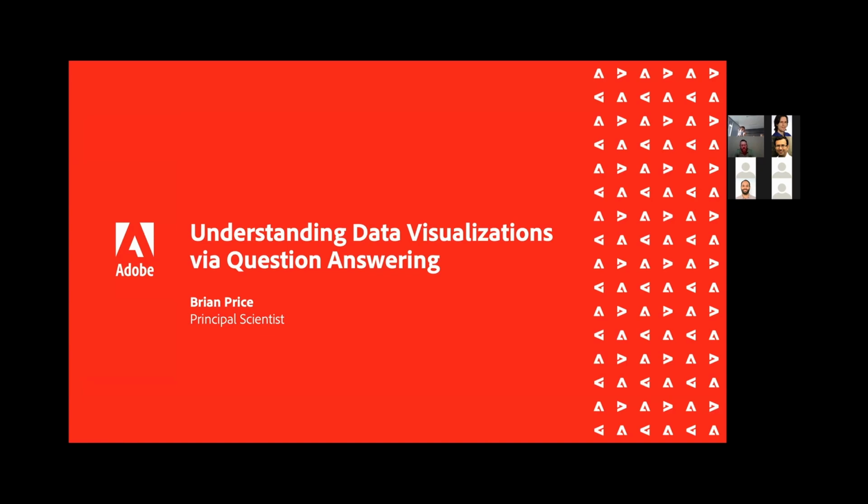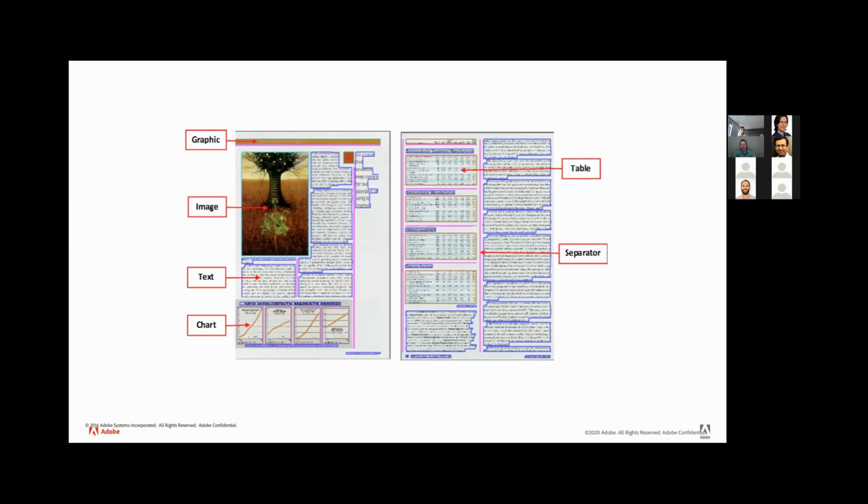So as you are, I'm sure, aware, documents can be pretty complicated. There are a lot of elements that can be in them, charts and images and tables in addition to the text. And here at Adobe, we have Acrobat with PDFs. So there's a whole world of PDFs, all very different.